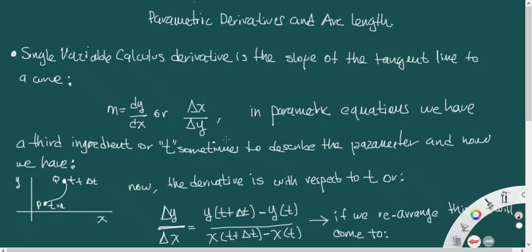the arc length. Okay, it's almost the same, but let's start to review a brief explanation of what the parametric equations are and how can we find the derivative of these parametric equations. Okay, so let's start with this.